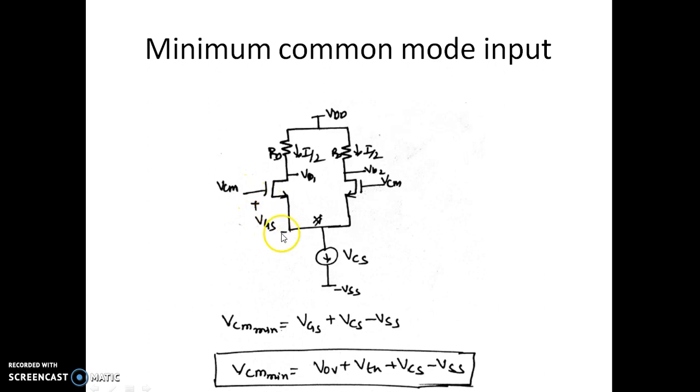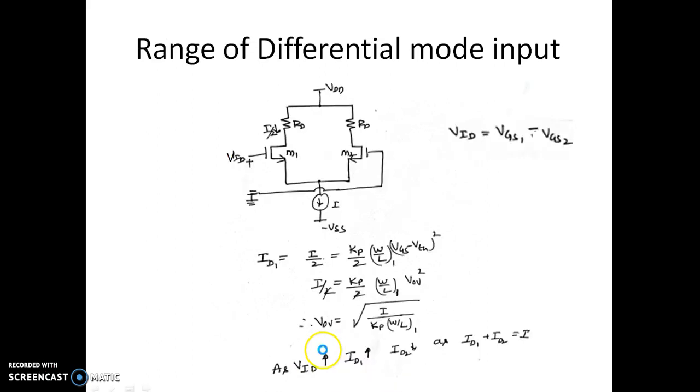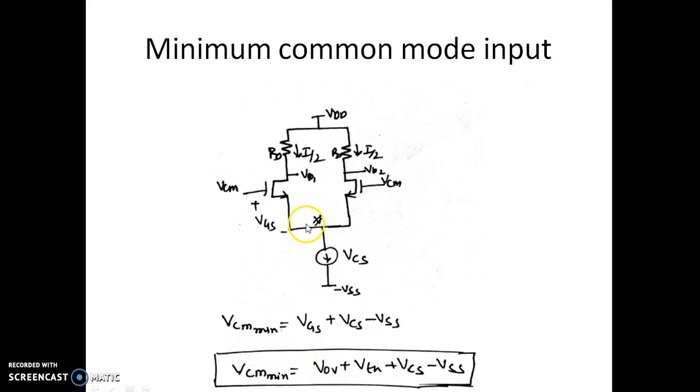So VCM is equal to VGS plus VCS, which is the voltage to be maintained just to keep a current of I flowing all the time, and of course minus VSS. So VCM minimum happens to be, splitting VGS as VOV plus VTH, VOV plus VTH plus VCS minus VSS. So we cannot go anything less than this voltage, or the current source will no more offer a current of I.